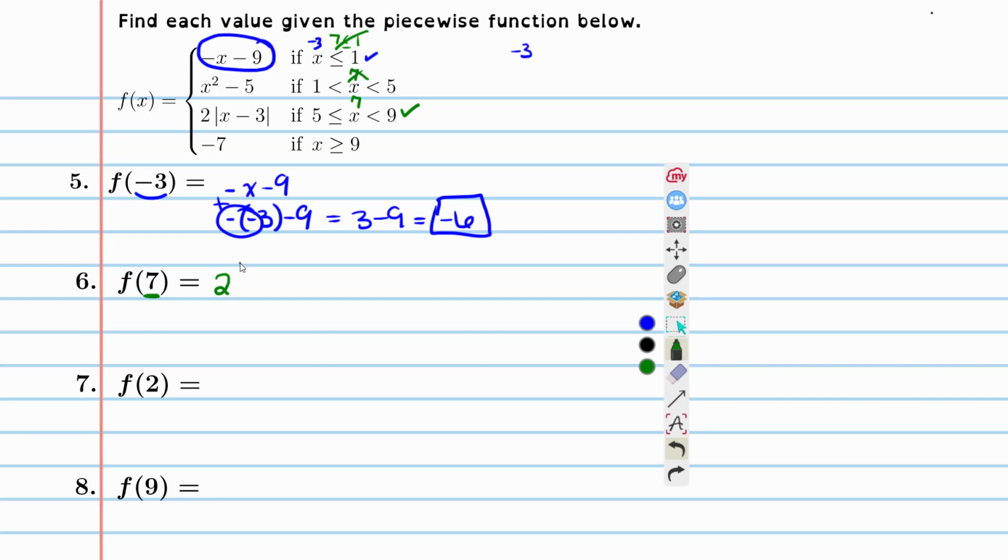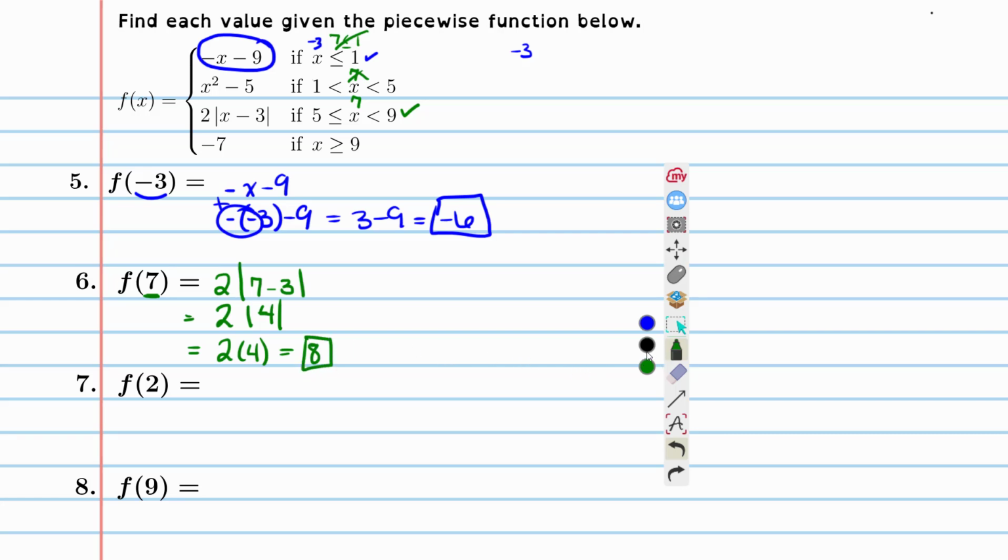So I have 2 times the absolute value of 7 minus 3. So that's 2 times the absolute value of 4, which is 2 times 4, and that's going to be 8.